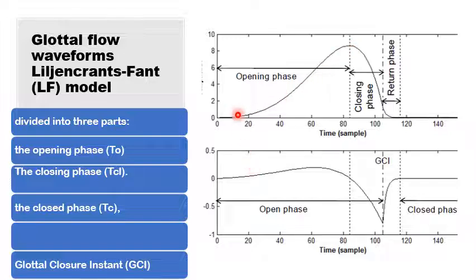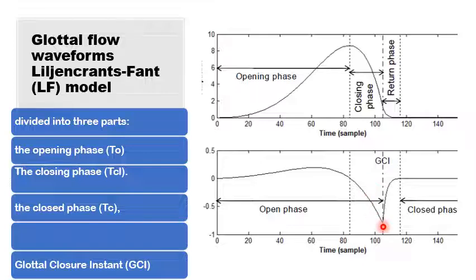During the increase in the flow, there is also a mild increase in the acceleration of the flow. Until this point is reached, when there is maximum flow here, the vocal folds start to close back again, and this is followed by a decrease in the flow with a more increase in the deceleration compared to the acceleration.